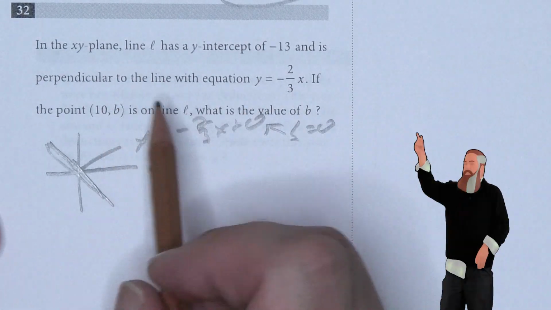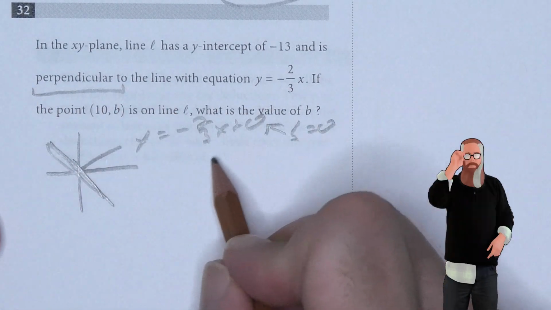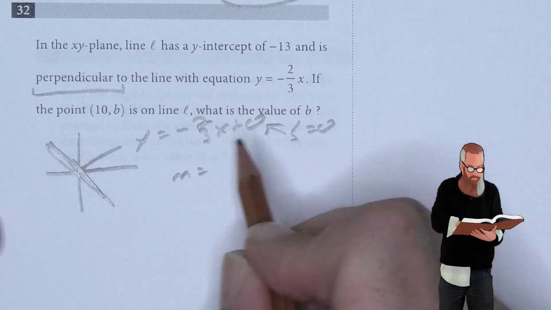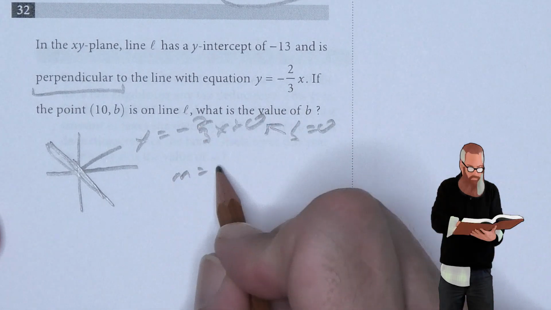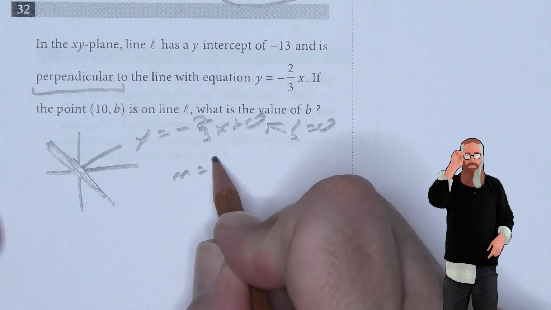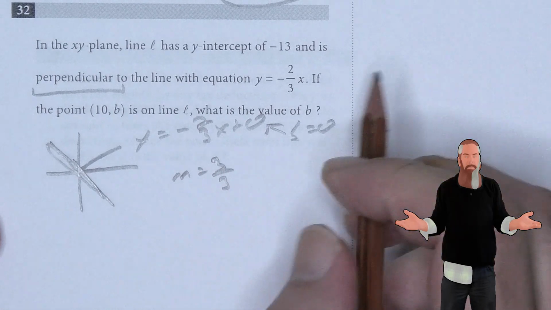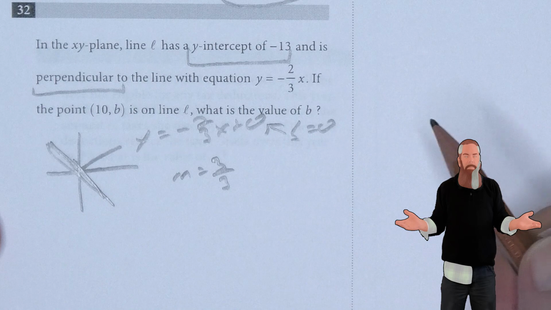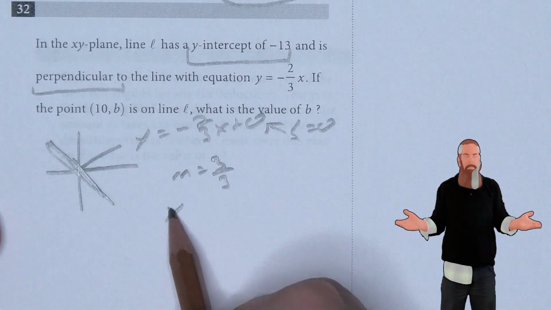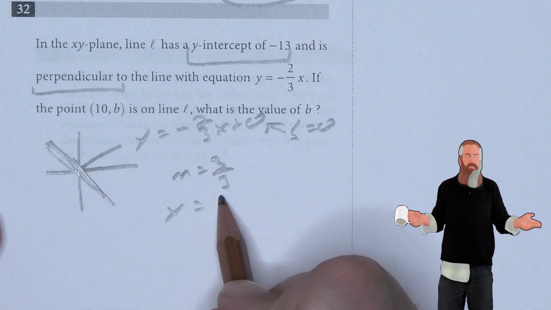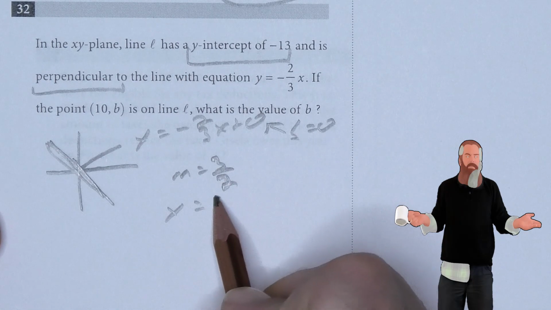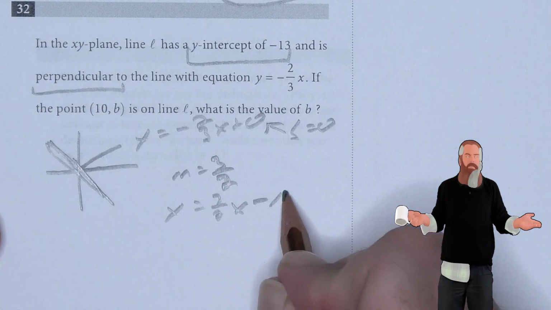Now, because the line we're looking for is perpendicular, its slope will be the opposite inverse of negative 2 over 3, which means a positive 3 over 2. It has a y-intercept of negative 13, meaning the line is y is equal to 3 over 2 x minus 13.